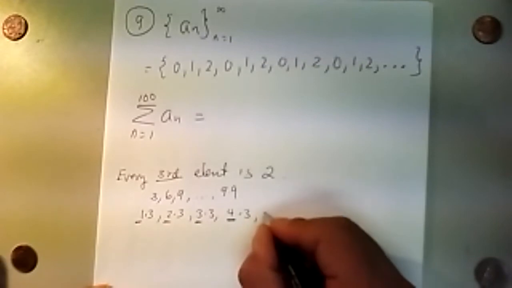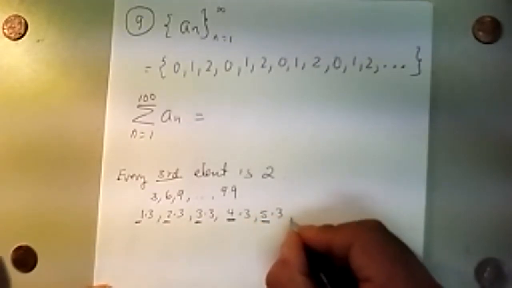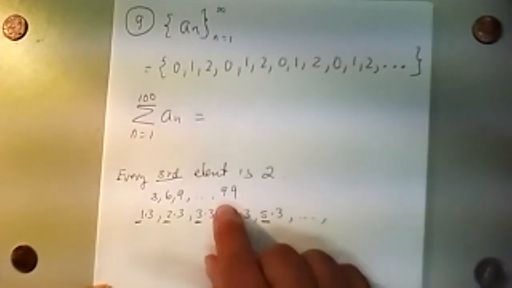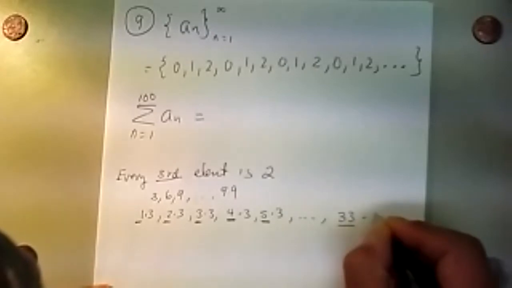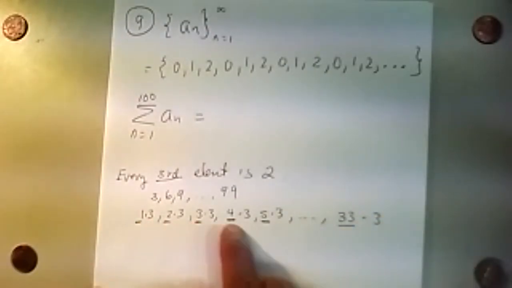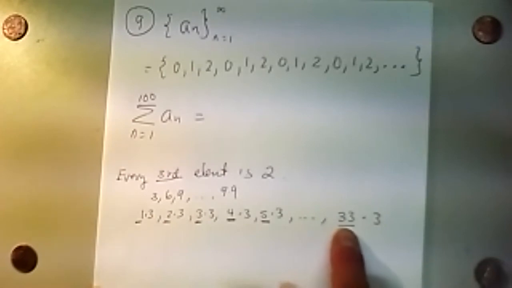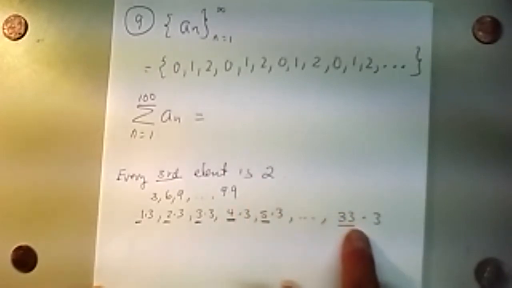The next number is 15, which is 5 times 3, and so forth. So 99 is 33 times 3. So we know there are 1, 2, 3, all the way up to 33 third elements, which means there are 33 twos.